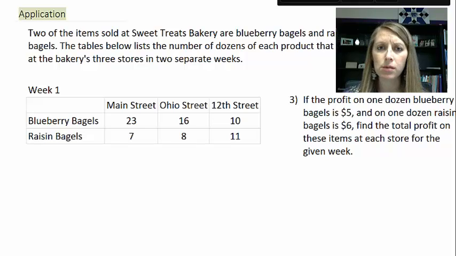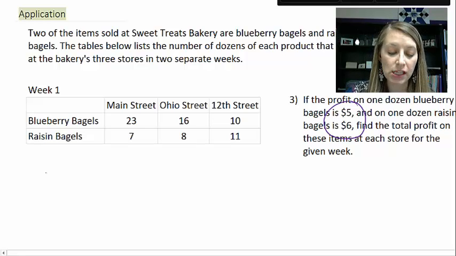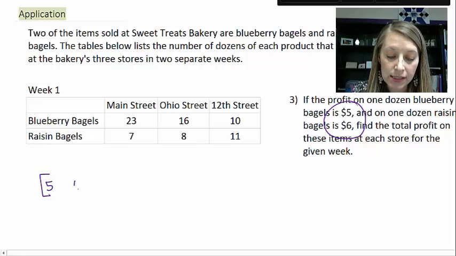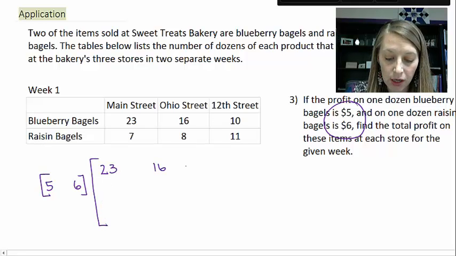Is it addition, subtraction, scalar multiplication, or is it actually matrix multiplication? So this here is going to be defining a matrix. So that's my profit matrix of $5 and $6. And I'm going to put it in the front, and I'm going to partner that up with this here.